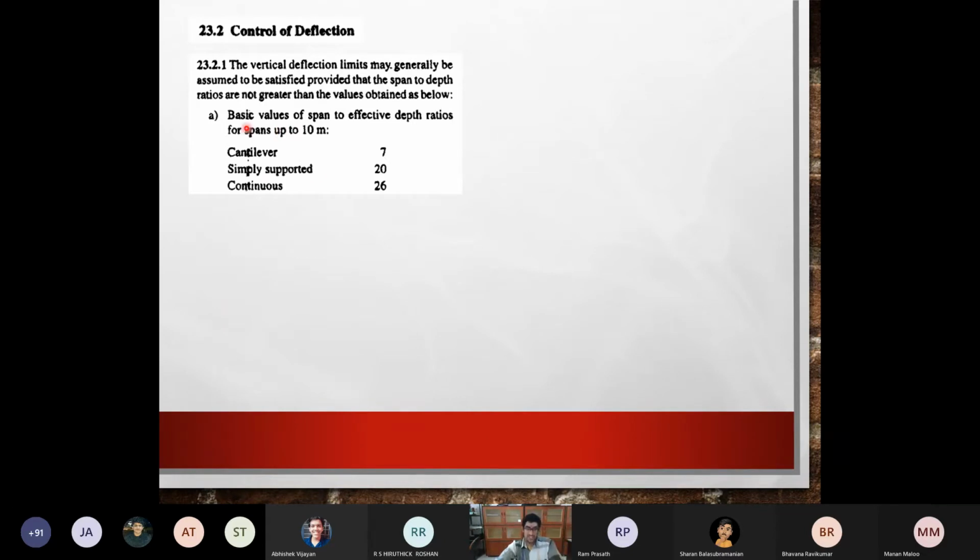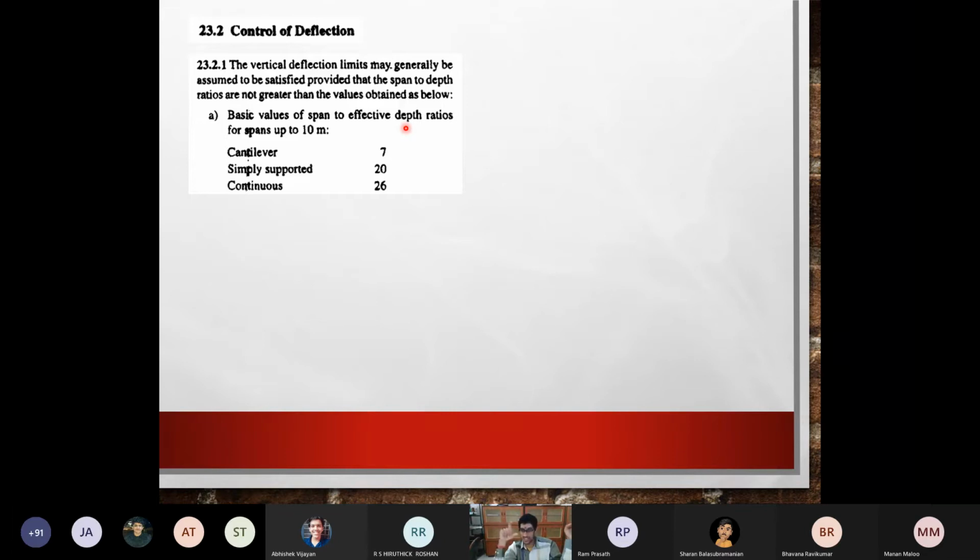So for that convenience, there are some thumb rules or provisions that you can use to initially decide the span to effective depth ratio. The full span of the beam, not the effective span, divided by the effective depth of the beam, what it should be.